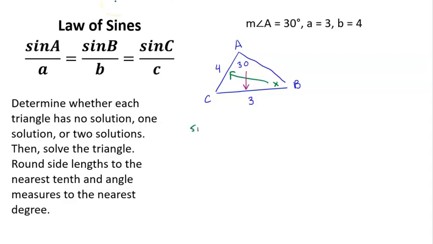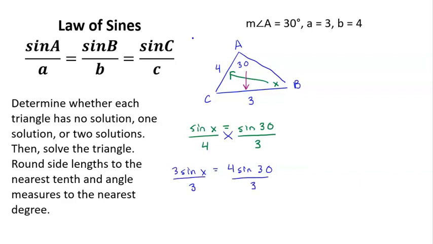So we've got the sine of X equals the sine of 30, and then we're going to put those over their opposite sides, and then we're going to cross multiply. So I've got 3 sine X equals 4 sine 30, and then we've already kind of seen how this goes, right?